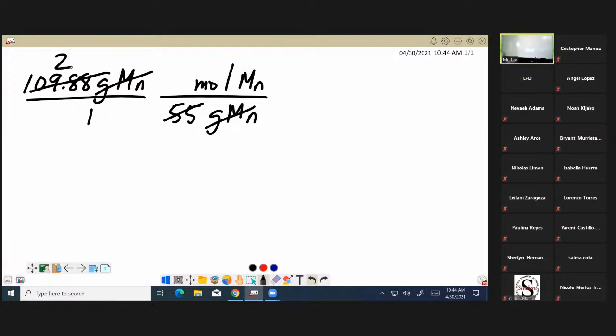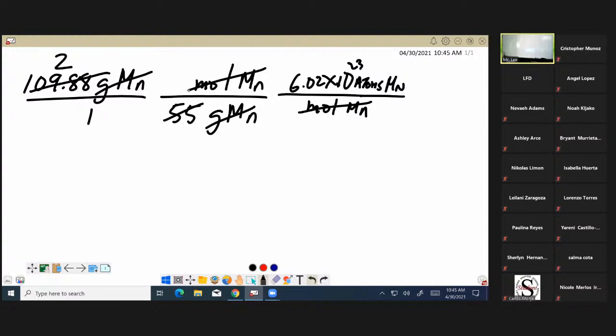And now I got the moles of manganese. How many atoms are there? Well, we know that there are 6.02 times 10 to the 23rd atoms of Mn for every mole of Mn. Right? Now we got atoms of manganese, and that's what we're looking for.